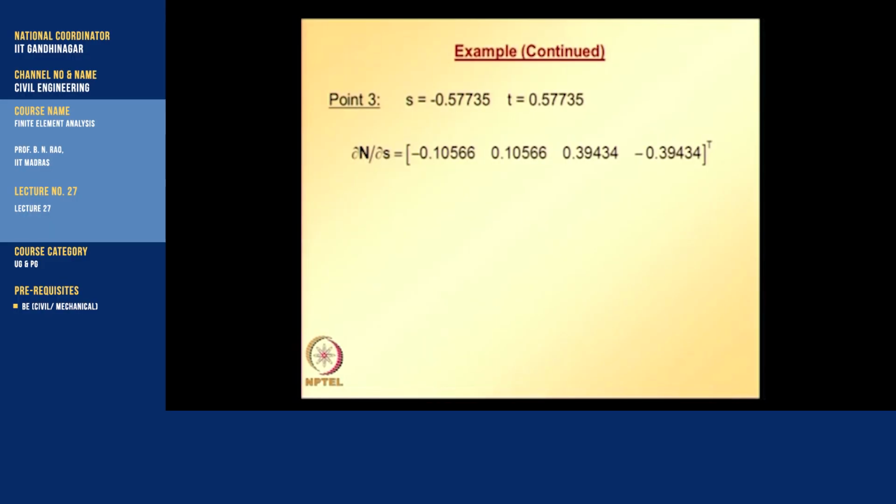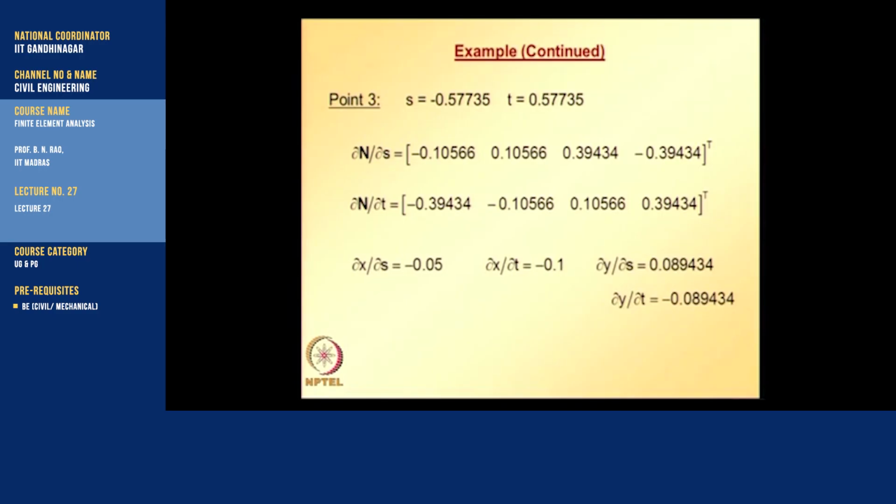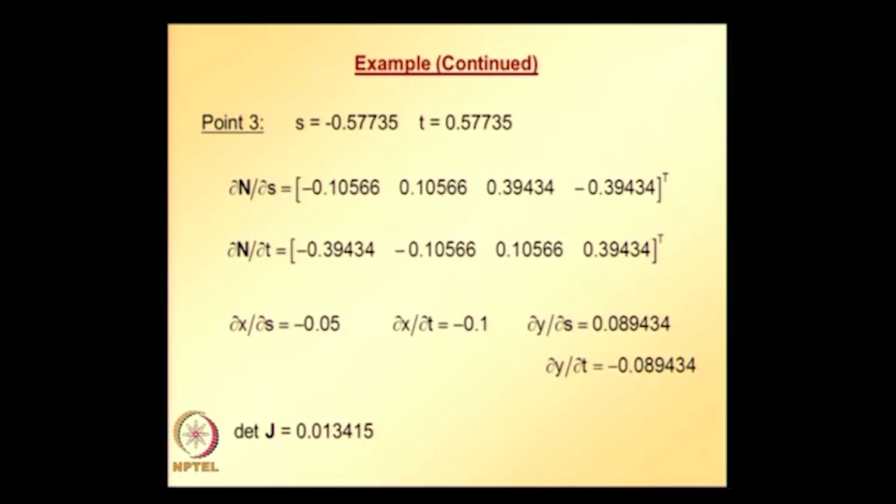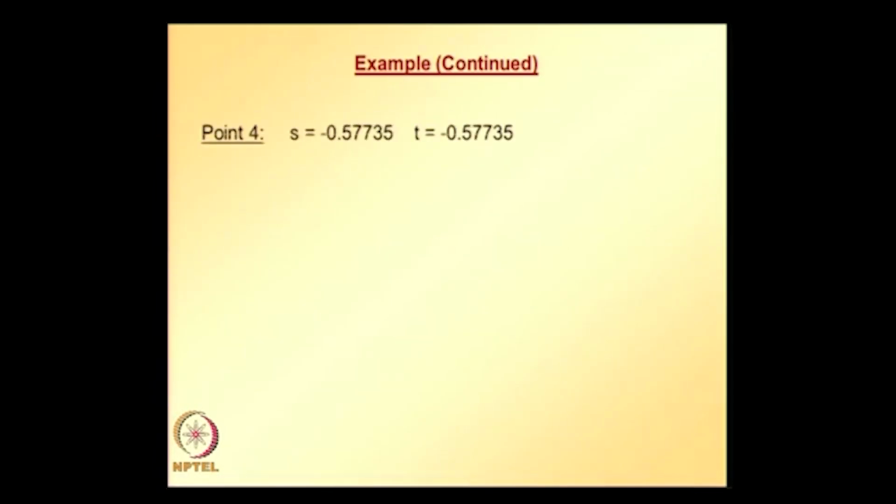Derivative of the shape function vector with respect to s, derivative of the shape function vector with respect to t, derivative of x with respect to s, x with respect to t, y with respect to s, y with respect to t, determinant of J, and the Bx vector.